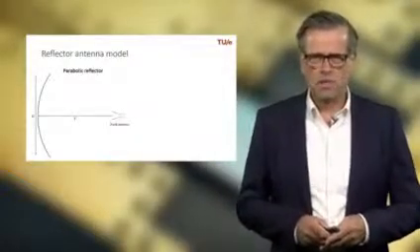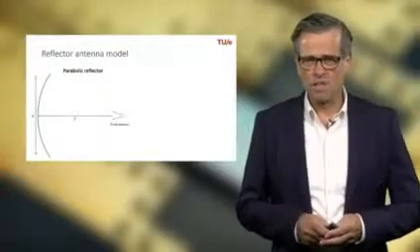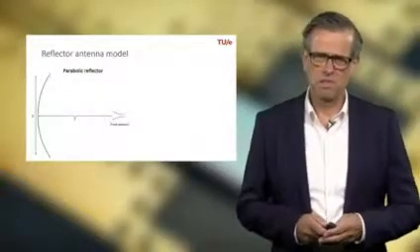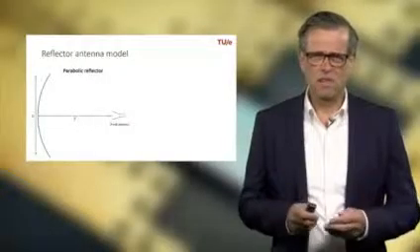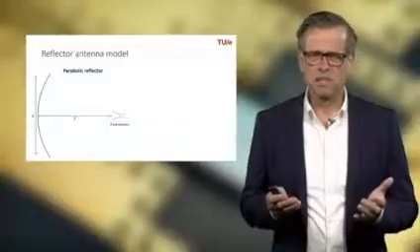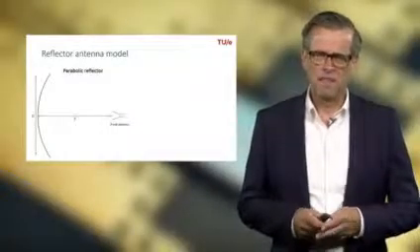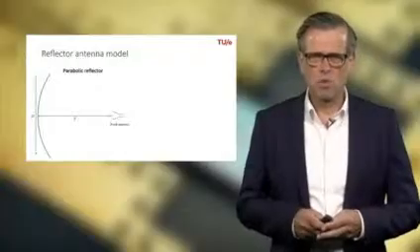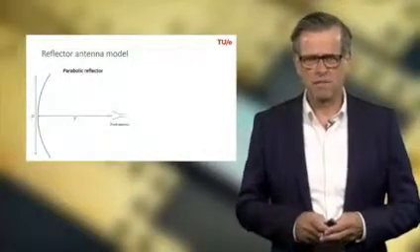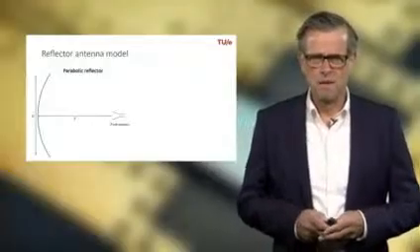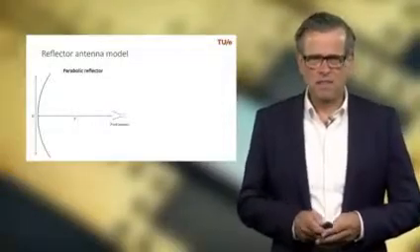At the focal point, we use a feed antenna, which often is a horn antenna that we discussed in the previous web lecture, but nowadays can also be a phased array feed. In that way, you create what's called a focal plane array, where you can even scan the main beam generated by the reflector antenna somewhat. But let's go back to this first simple model, where we have this feed antenna.